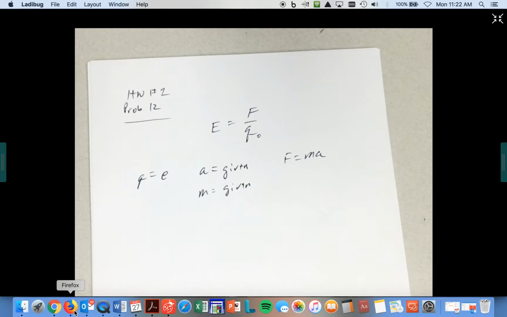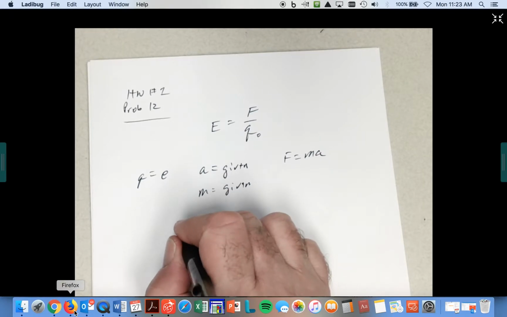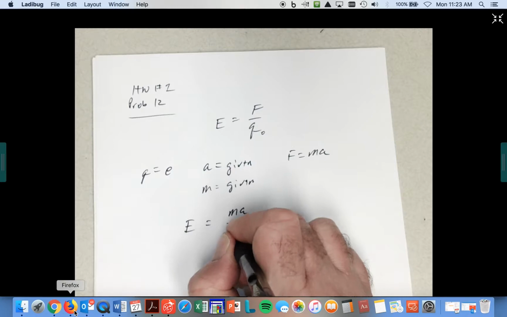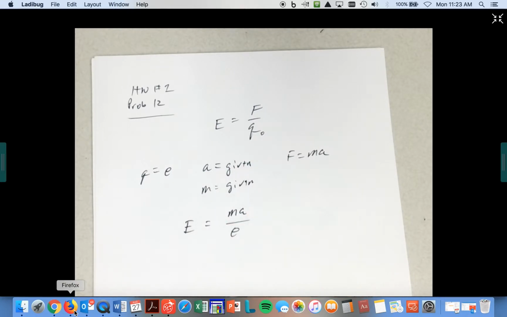I would have these on your cheat sheet, though if you forget, I will tell you what they are: the mass and charge of a proton, the mass and charge of an electron. The charges, magnitude-wise, are the same, just opposite. One's positive, one's negative. Anyway, F equals ma, so the E field becomes ma over e. That's the way they want you to do it.